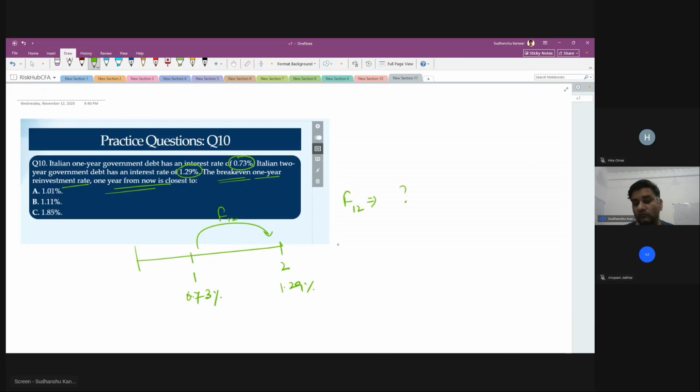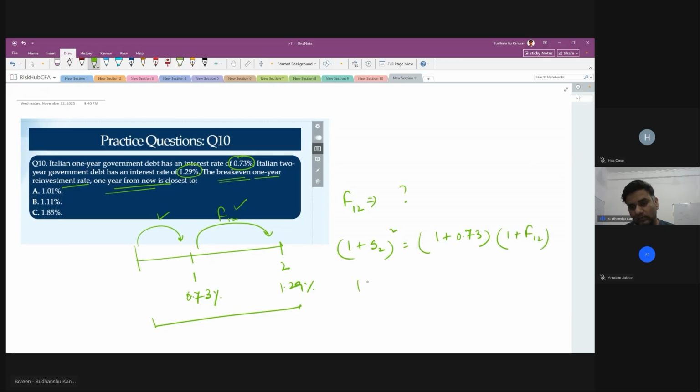So what was the formula? The whole thing: (1 plus S2) squared was the multiplication of this into this. So 1 plus your S1, and S1 is given, 0.73%, and then 1 plus F12.